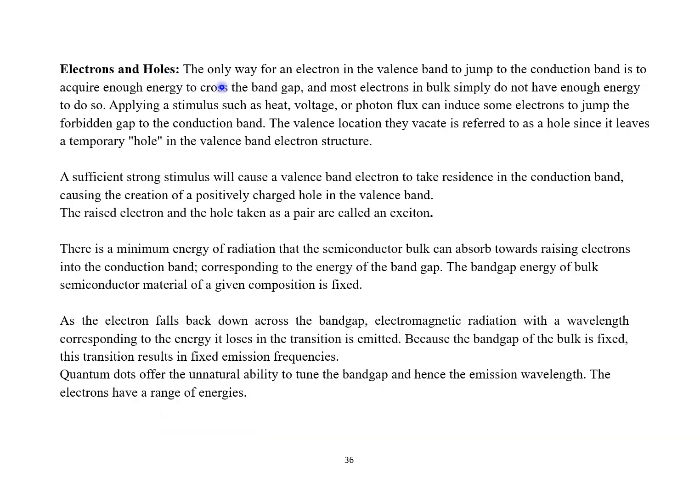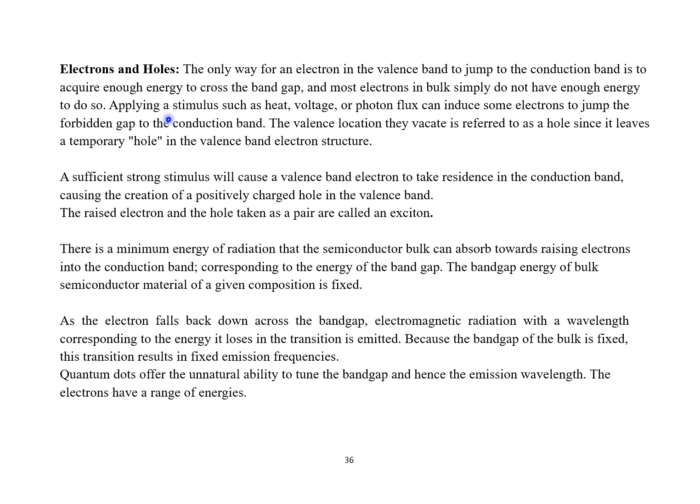Electrons and holes. The only way for an electron in the valence band to jump to the conduction band is to acquire enough energy to cross the band gap, and most electrons in bulk simply do not have enough energy to do so. إذا الوسيلة الوحيدة للانتقال من هاي الالكترونز من الفالنس باند to the conduction band هو يتطلب وجود طاقة كافية لهذه الانتقال.